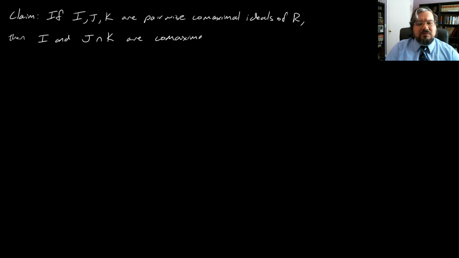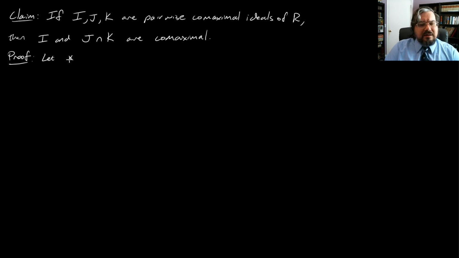So if I've got three comaximal ideals of a ring, and I take the intersection of two of them, then that intersection will be comaximal with the remaining one from the original three. So let's prove this, and once again, the comaximality is going to mean for us that you can find a couple of things that add up to 1.